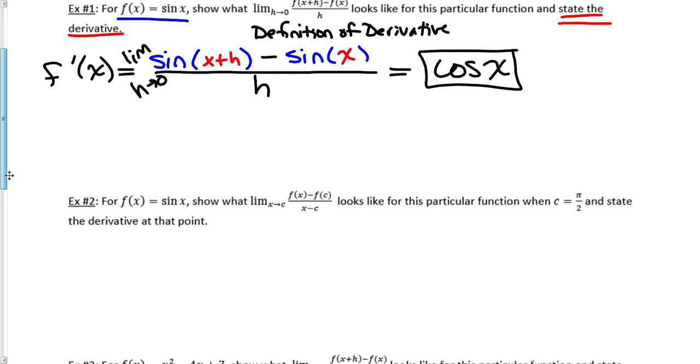So for example 2, we have the other definition of derivative, and I am finding this derivative at pi over 2.